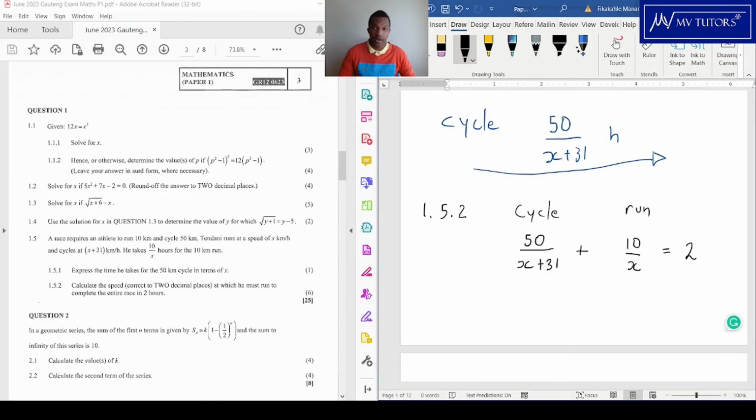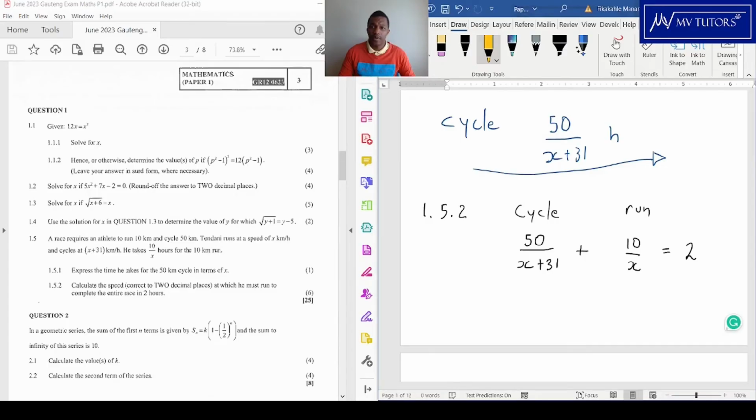Now that completes our equation, which means we need to do some gymnastics to solve for x. So here's what I'm going to do. I'm going to multiply out everything by the denominators just to get rid of the fractions.